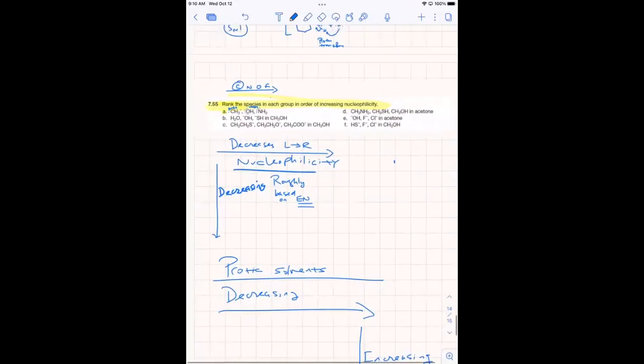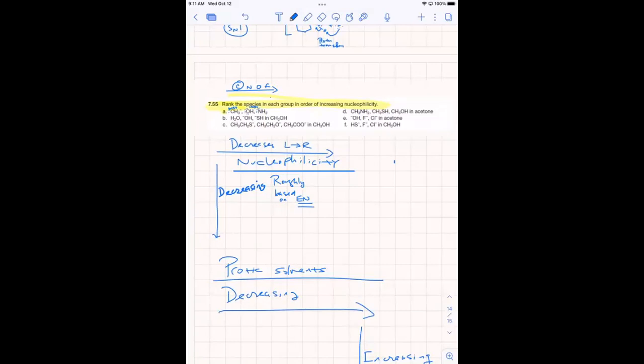So if you have a nucleophile, as you go from left to right on the periodic table, the nucleophilicity drops, or it becomes less nucleophilic. And as you go from top to bottom, the nucleophilicity decreases. And I think I had increasing. So if you have your notes from Monday, go ahead and edit that and correct it.